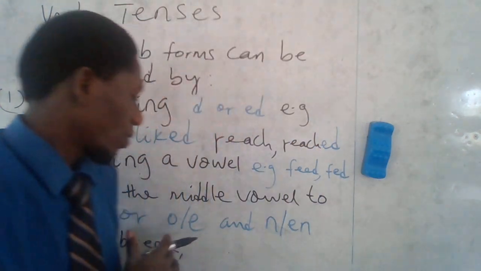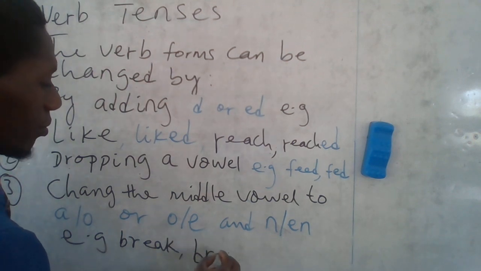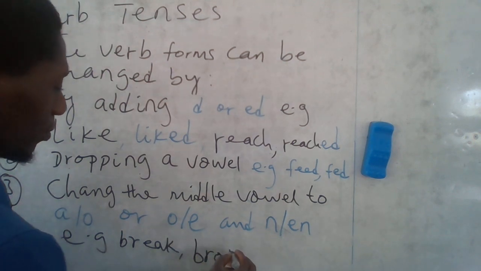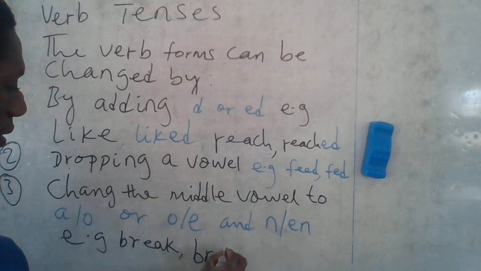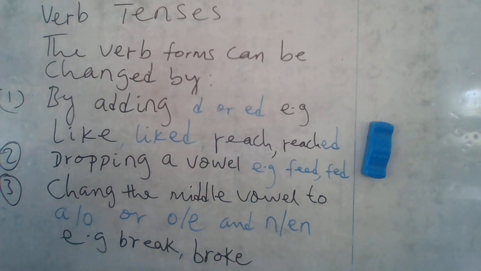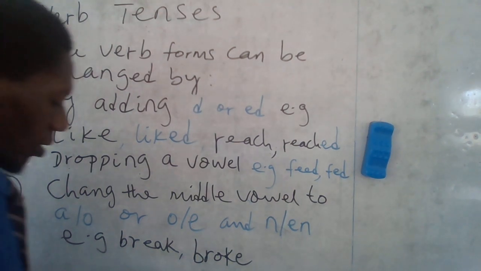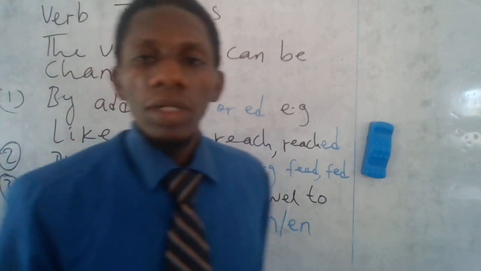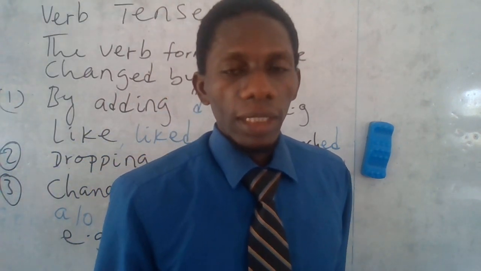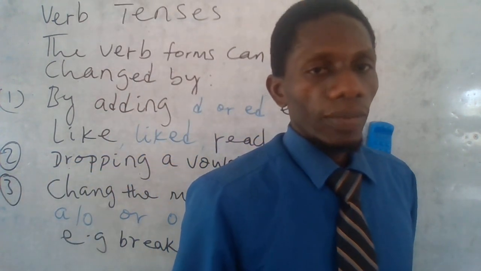So here the word break can mean broken, to break something, or let's say broke. You broke something. For example, if you hit a bottle on the ground, it will break. So we say that the bottle got broken.